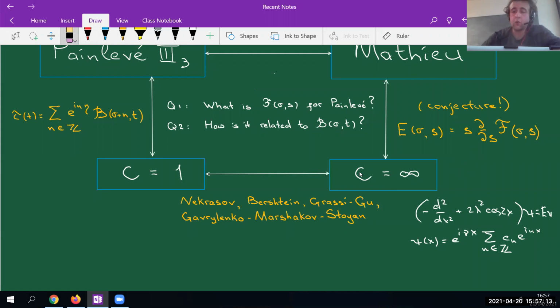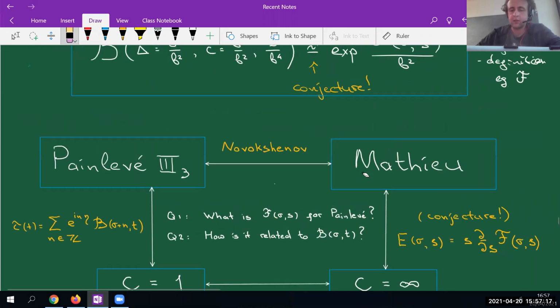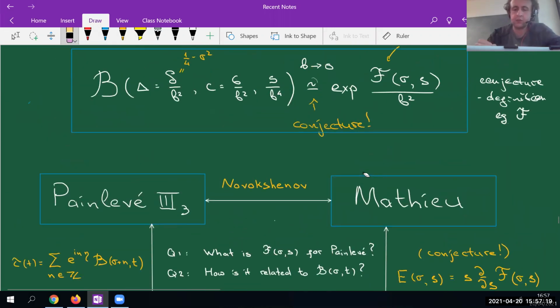And so one way to convince yourself that these two conjectures are true is the following. You just take this function B, which you can compute to an arbitrary number of terms, say up to t to power 10 or 20 or 50.